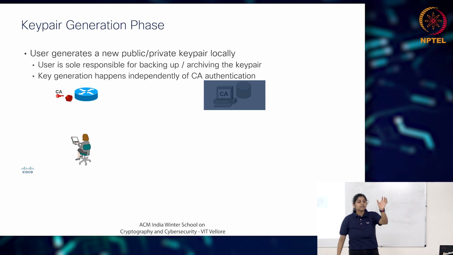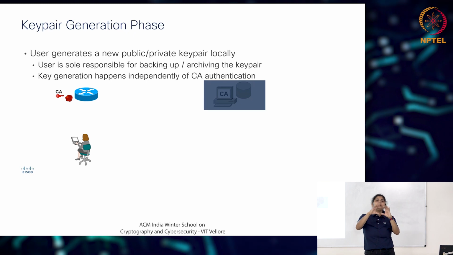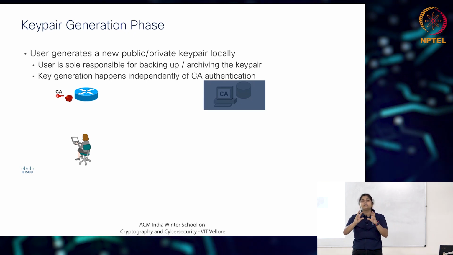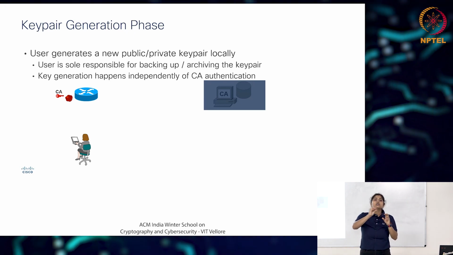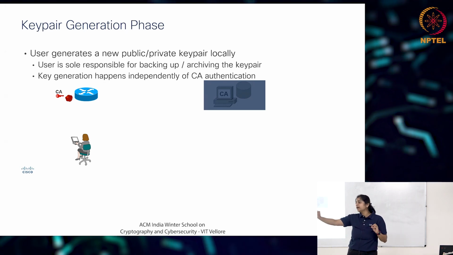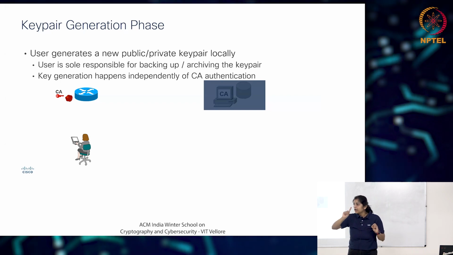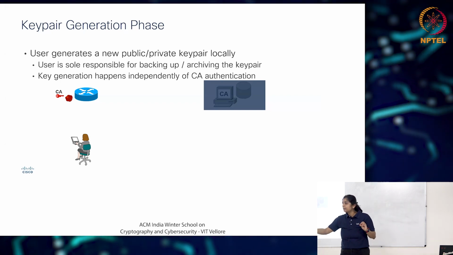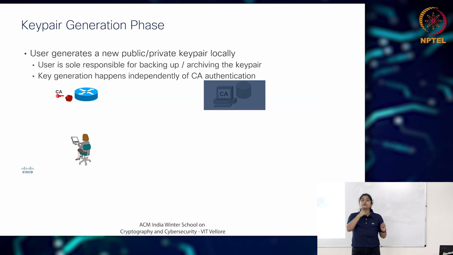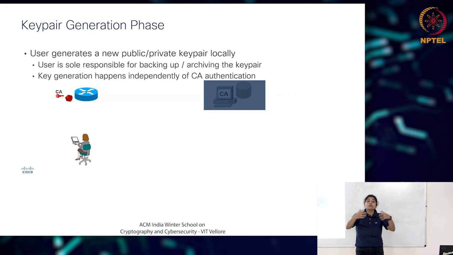Whenever you create that key pair, it will be encapsulated in a file, and then you can share that file with your information so that you get a certificate from the CA. Before you send that request, the certificate signing request, you generate the key pair, because you have to install that key pair into that certificate. Otherwise, how will you get your public key? How will you even use the certificate?